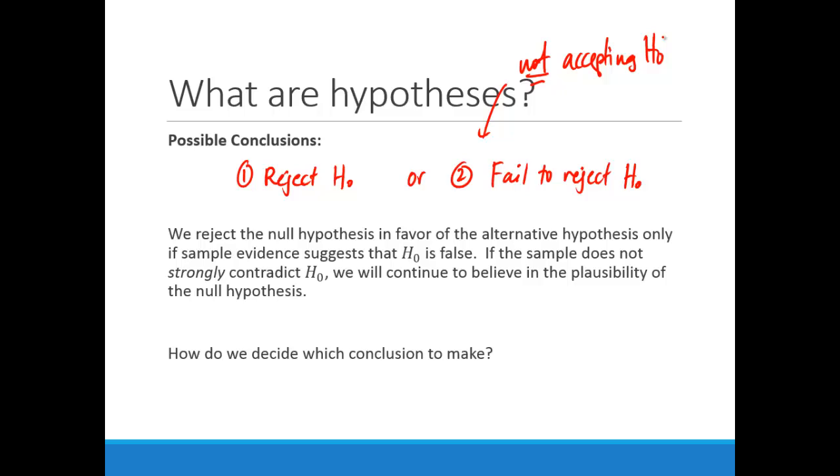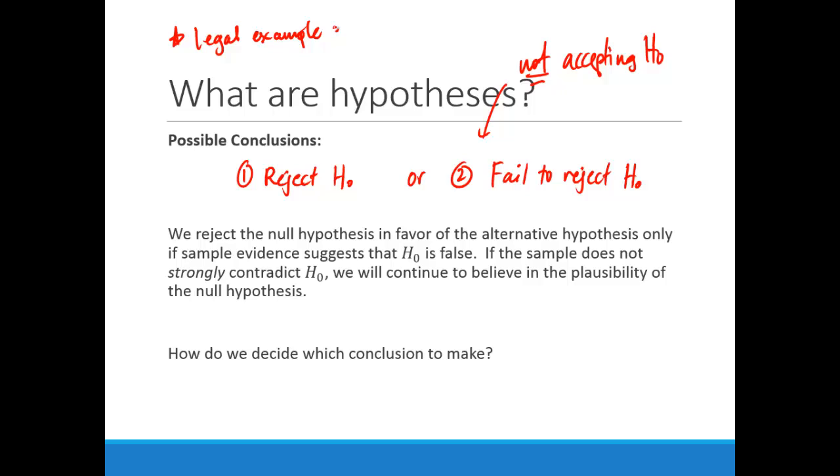And this maybe feels a little bit weird, but I would think about a legal example. If you're on a jury and you're listening to a trial, at the end of the story, what's the end result of a trial?